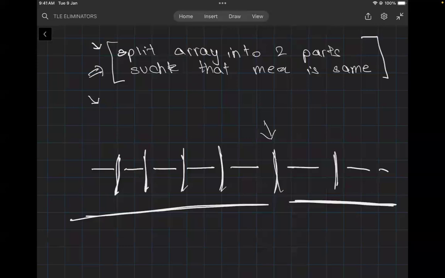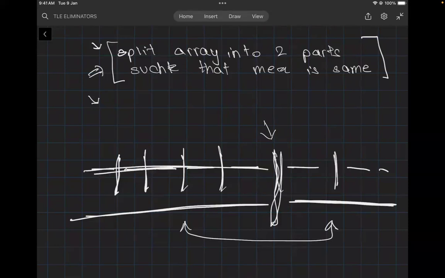And if the max here is equal to the max here, you can say that you can split this array into two parts, with the split being index 1 to index i and index i plus 1 to n. Is this much clear, guys? We can just iterate over where we are going to make the split.